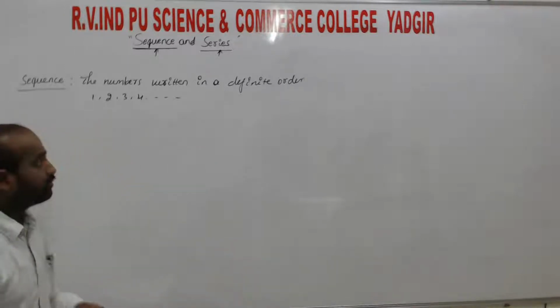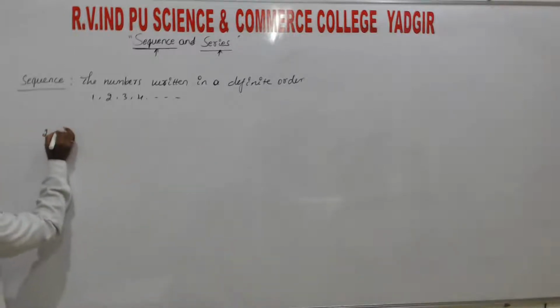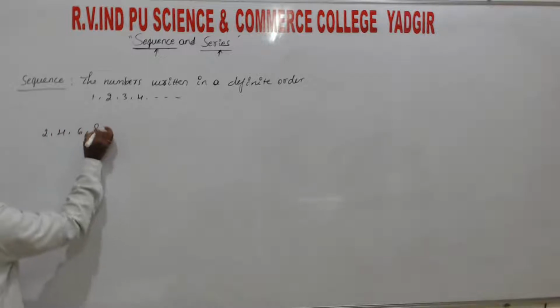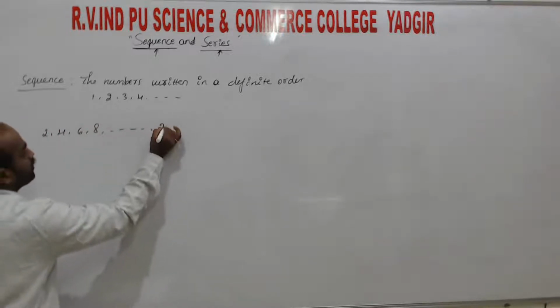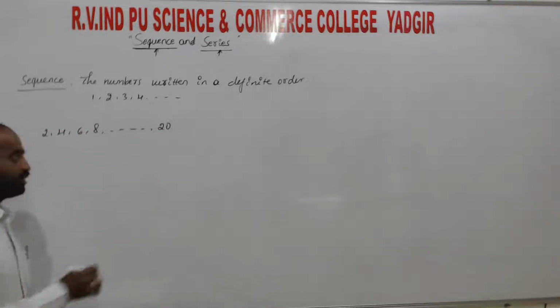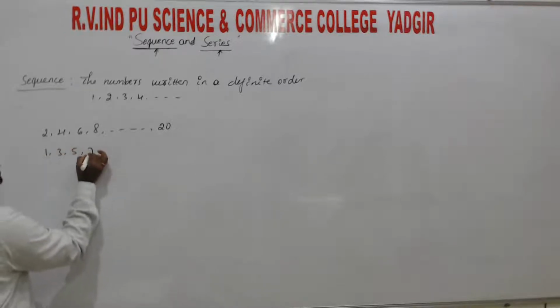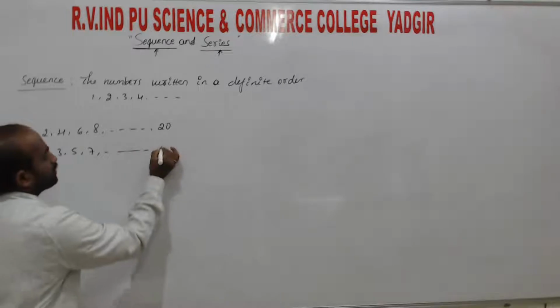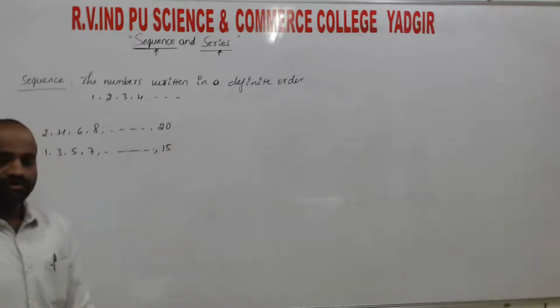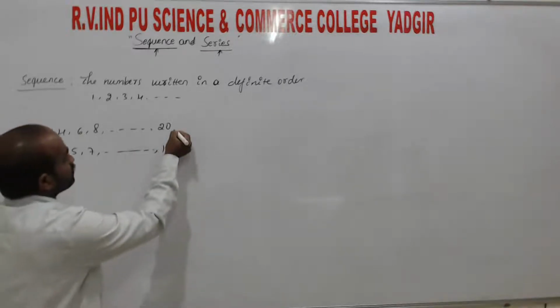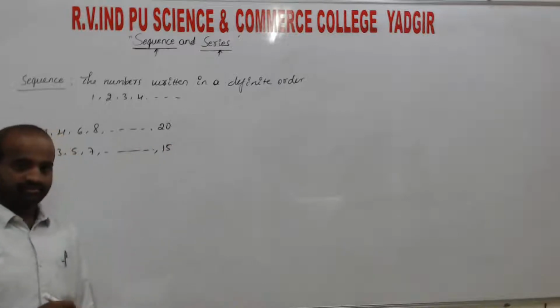For example, 2, 4, 6, 8, and so on up to 20; 1, 3, 5, 7, and so on up to 15. These numbers form a sequence.